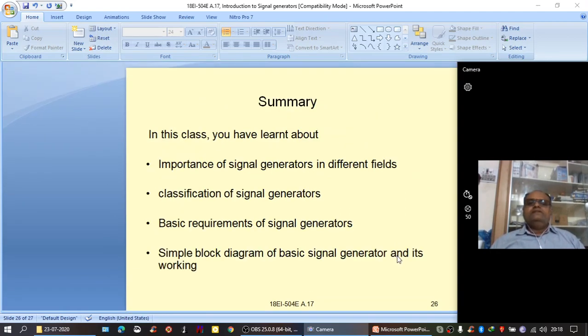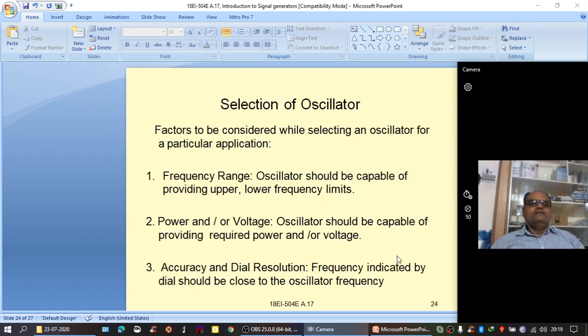Yes, these are the points to be kept in mind while selecting an oscillator. What are the points? First is the frequency range. Second one is power or voltage requirement, whether it is providing sufficient power and voltage or not.